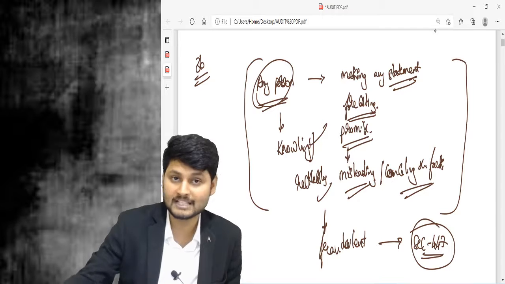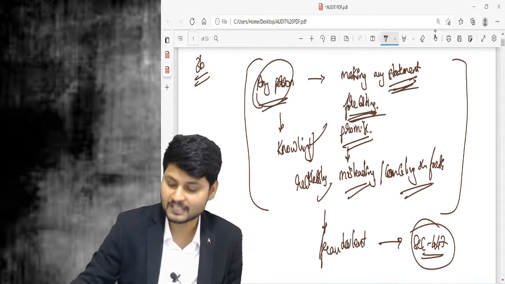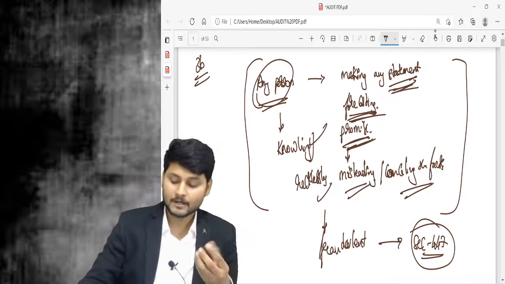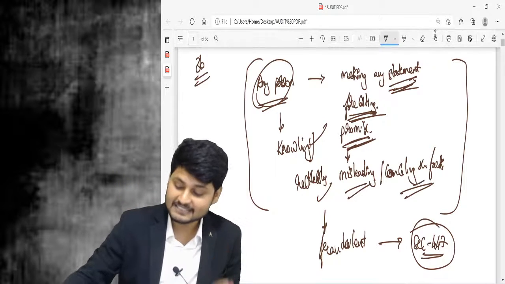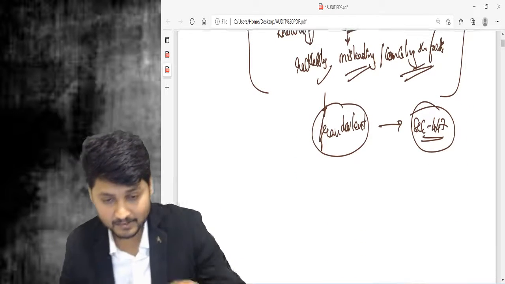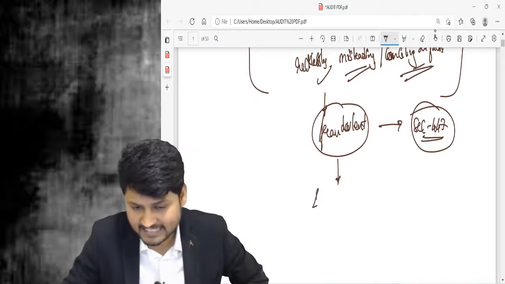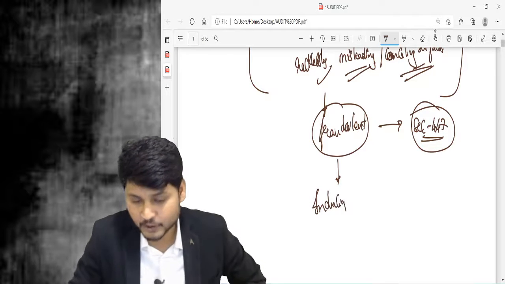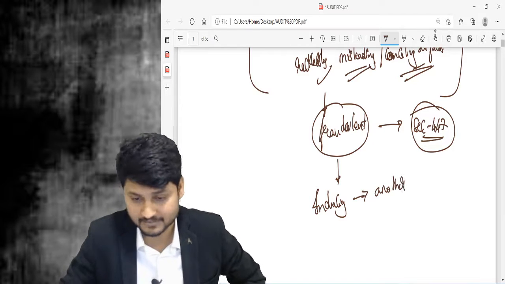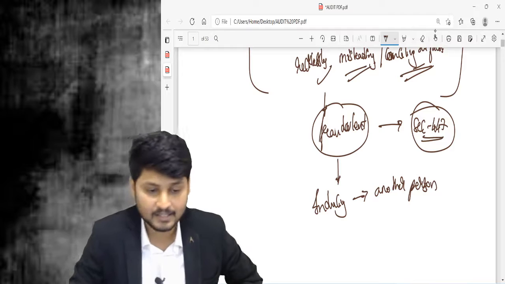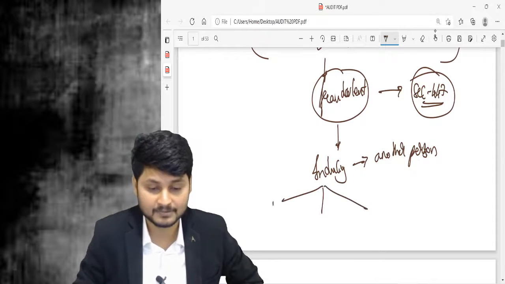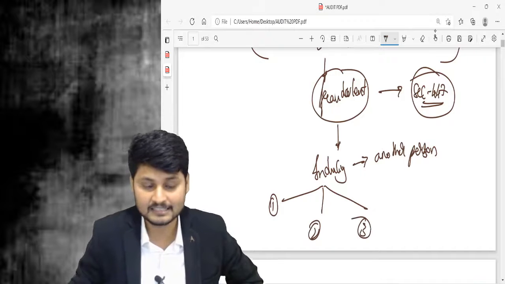When any person knowingly or recklessly makes any statement, forecasts anything, or forecasts the prices of the securities, or makes promises, or misleads someone, or conceals the facts, and fraudulently this person is inducing another person to enter into different types of agreements. Point number 1, 2, 3. These are the 3 we need to cover now.